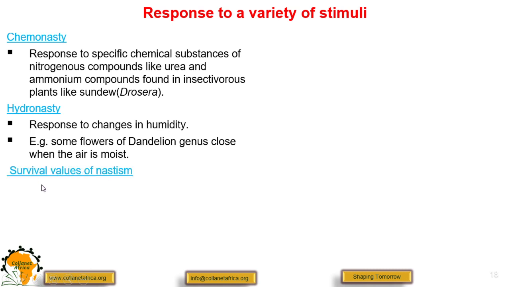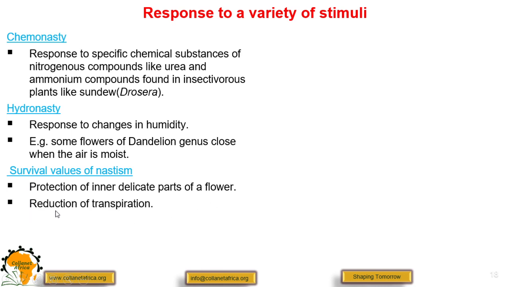And what are some of the survival values of nastism? One, it helps in protection of the inner delicate parts of the flower. So when the flower is still developing, these nastic responses help protect those parts of the flower. It also helps in reducing the rate at which plants lose water to the atmosphere, a process called transpiration.